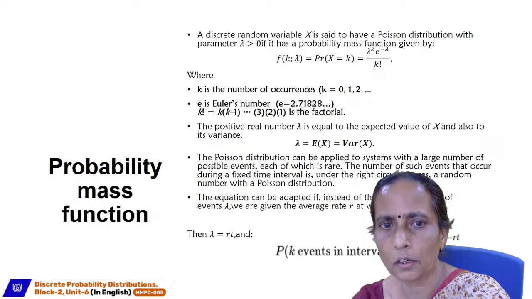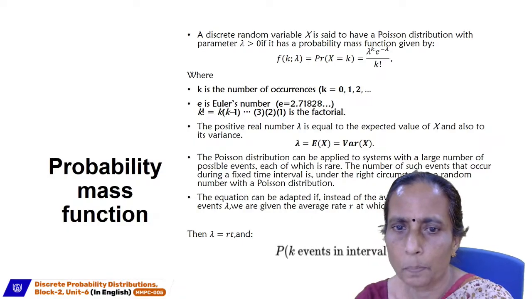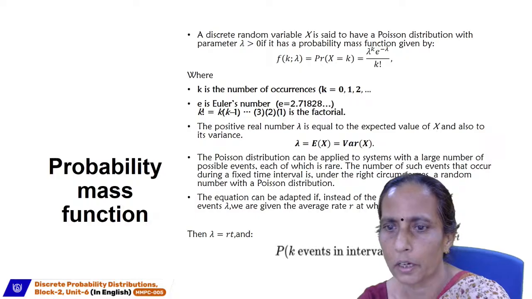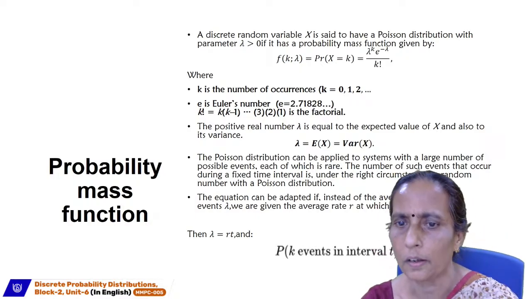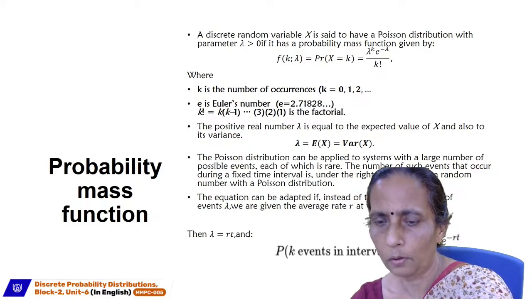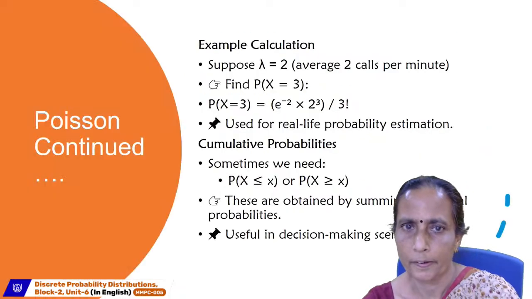And as usual, k factorial is k into k minus 1 and so on. So the positive real number lambda is equal to the expected value of x and also to its variance. That means in case of your Poisson distribution, your expected value and variance both are equal, and that is lambda.